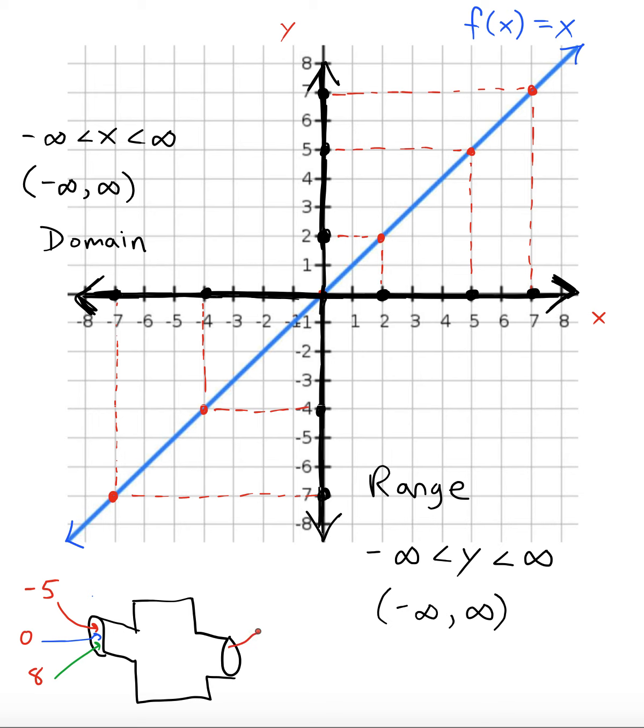And then we get out those same numbers on the right. So if you can put in any real number as your input, then it makes sense that you can get out any real number as your output too.